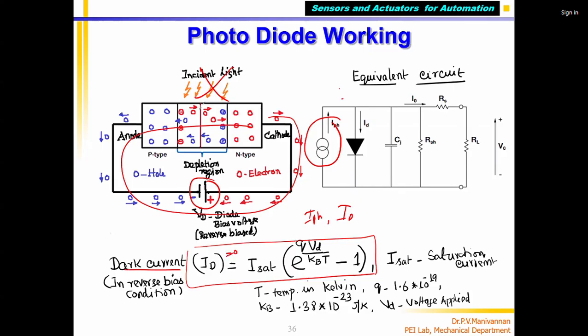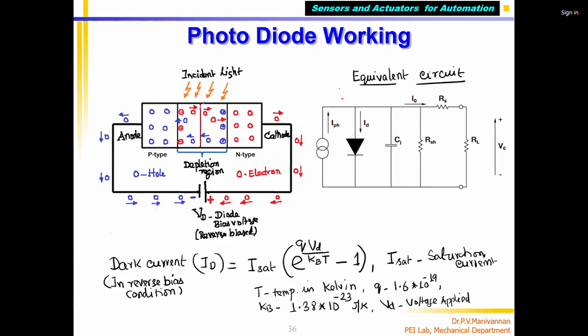But an actual diode doesn't behave that way. There will be some amount of current, nanoamps, picoamps, or microamps, maybe 1 or 2 microamps, that you cannot avoid. You can calculate it as the dark current. Even without light, there is a minor current, but it is negligible. That can be calculated using this formula.